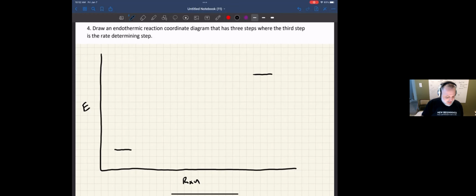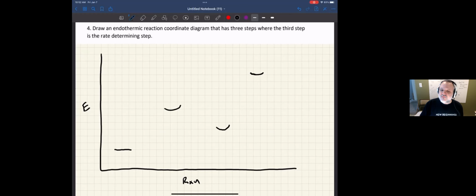But if I'm going to have a reaction that represents multiple steps, then that means that there are some other minima along the way. And what I need to do is actually correct these other spots and turn them into minima along the reaction coordinate.